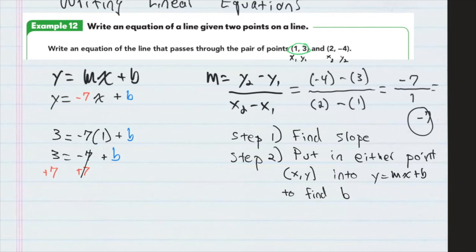Those cancel. And I have b is equal to 10. So the equation of my line is y equals -7x plus 10.